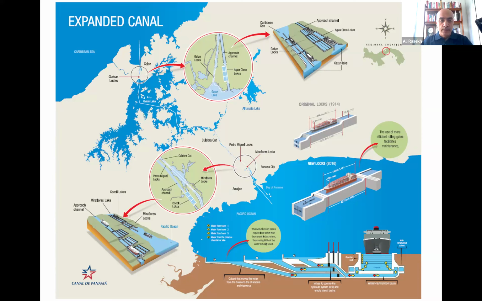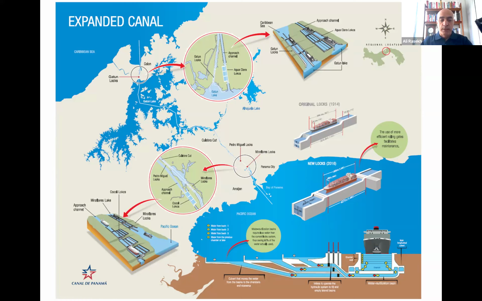The picture is slightly counterintuitive if you look at the key map here, because the continent rotates at that point. Therefore, the Pacific is on the right side of this map and the Atlantic is on the left side. There is a change of elevation between the ocean and the lake in the middle, and therefore we need the lock system to lift up the ships and bring them down.